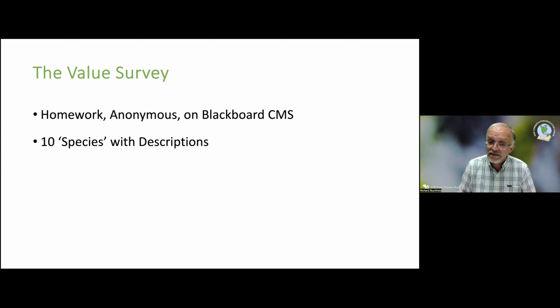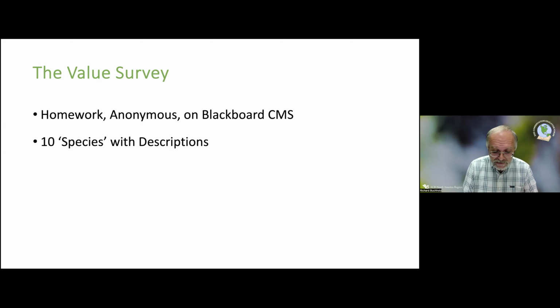I ask students not to Google or look up the species, but rather to assign the value based purely on the description. I do that because I want all the students to be working from the same set of information. Now, some of them may have previous knowledge that they're bringing to some of those examples, but it turns out most of them don't, which kind of surprises me, but I'll bring that up again later.